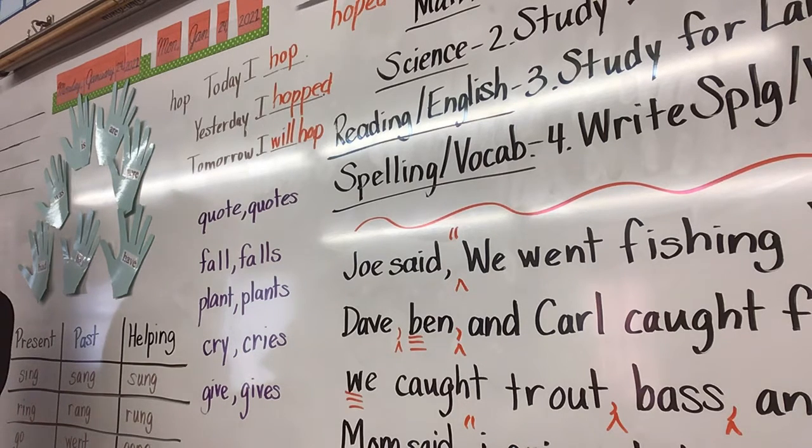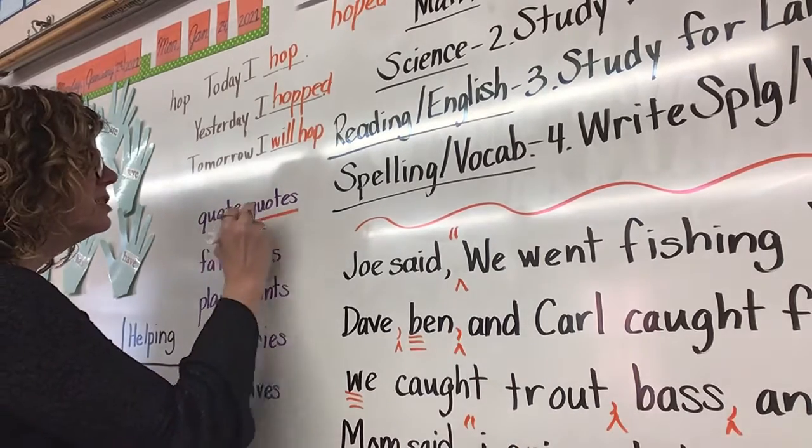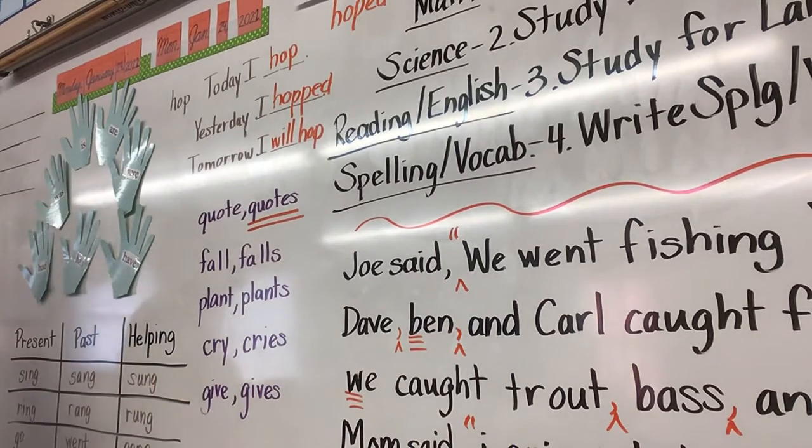Johnny quote or quotes Psalm 23. Johnny, is Johnny singular or plural? Singular. So we're going to say Johnny quotes, with the S. So Johnny is singular, so it's quotes.